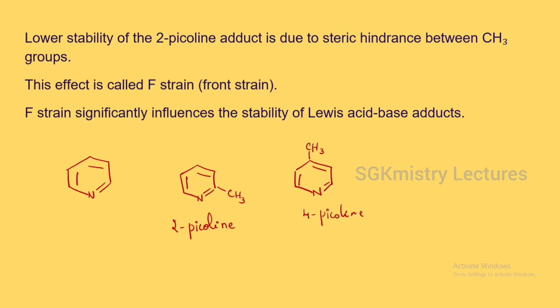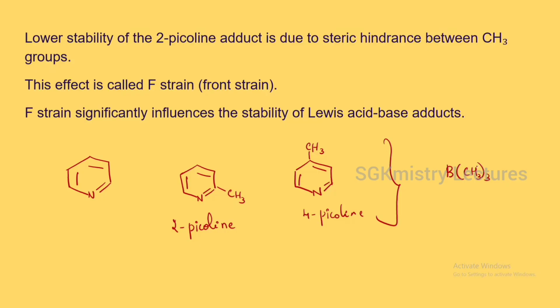Right? Here it is very clear that nitrogen has a lone pair of electrons, because of which we already know that even pyridine is basic in nature. Now when any of these is made to react with B(CH3)3, trimethyl borane, what is going to happen? In this reaction between the Lewis acid and the Lewis base, pyridine as well as the picolines act as Lewis bases, whereas the Lewis acid is trimethyl borane.